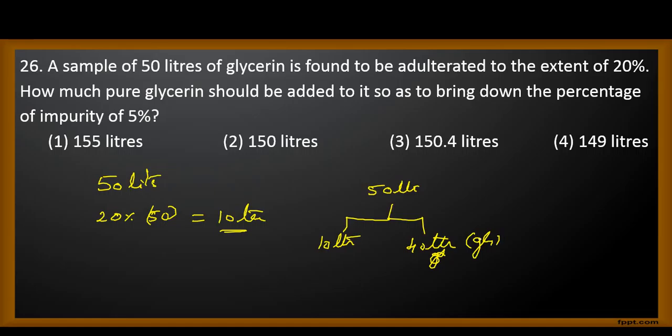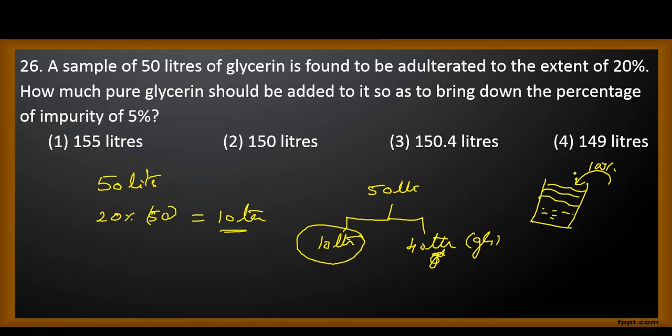Now how much pure glycerin should be added to it so as to bring down the percentage of impurity to 5%? Now I have to make this glycerin 95%. What is the total impurity here? 10 liters. We are adding only pure glycerin, 100% glycerin.